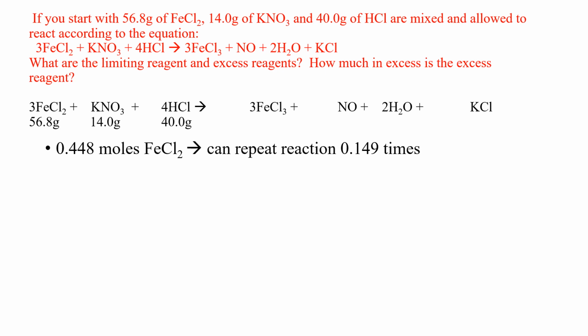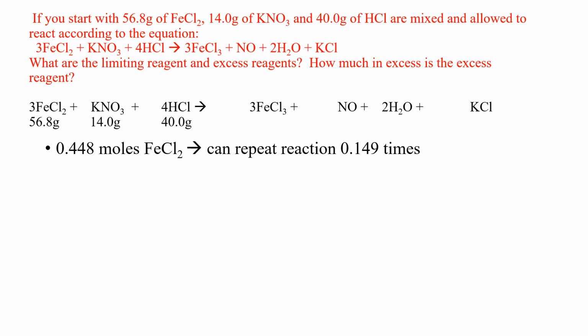So to save time, I converted iron 2 chloride from 56.8 grams. You just need to divide by the molar mass to find the 0.448 moles of iron 2 chloride. Now again, that famous question, to do any sort of limiting reagent question: how many times can you repeat the recipe given each reagent?